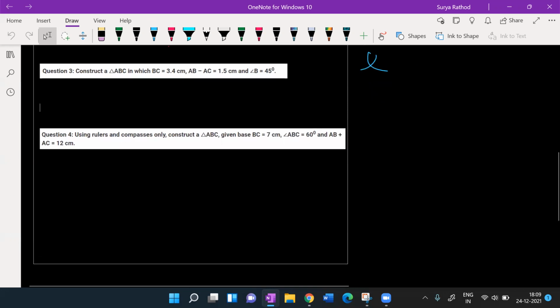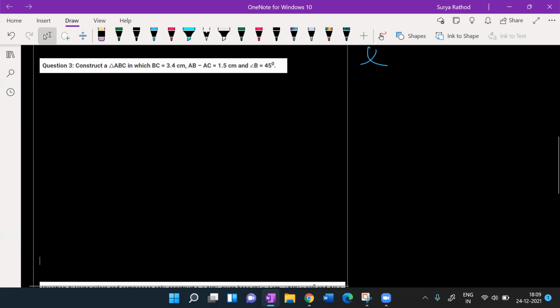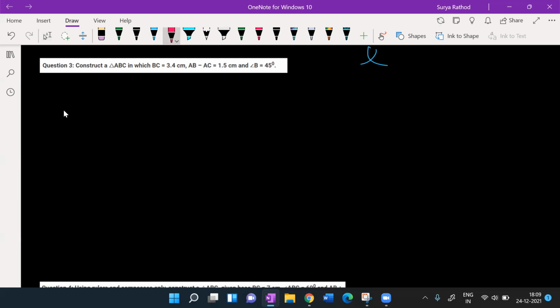What is the problem? Look at this here. The base, I took it as BC, which is 3.4 given.